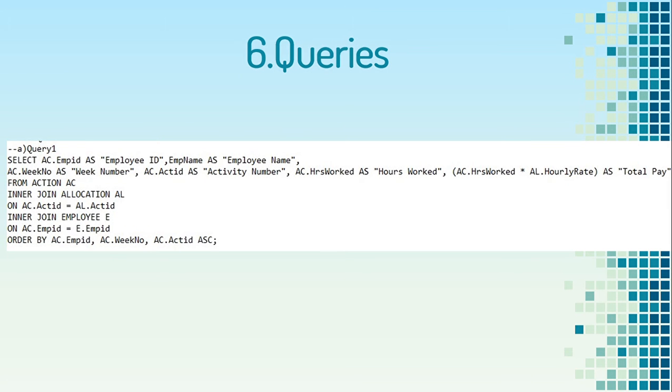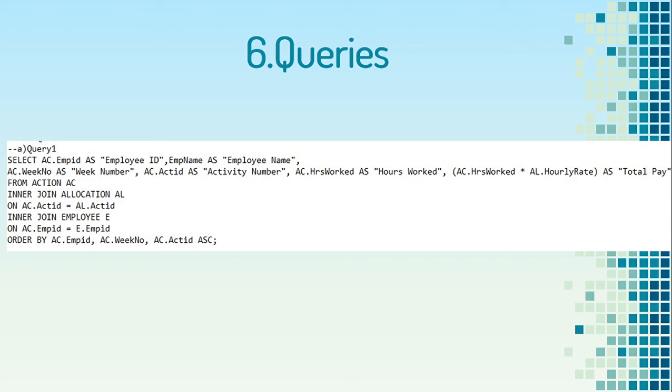The first query is based on rows in the action table. The select statement is used to select data from a database. AS is used to apply relevant names. The action table is used for this. The inner join keyword selects all rows from both tables as long as there is a match between the columns.